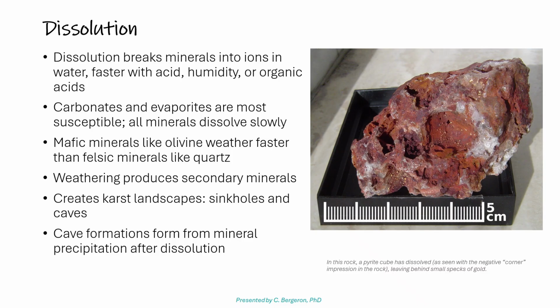So what that means is that those minerals at the top of the Bowen's reaction series, your mafic minerals, olivine, pyroxene, amphiboles, those mafic high crystallization point minerals will weather more rapidly and more readily and more completely. Contrast that to the feldspars and the quartz, the felsic minerals, which crystallize at a lower temperature. These tend to be more resistant to chemical weathering.